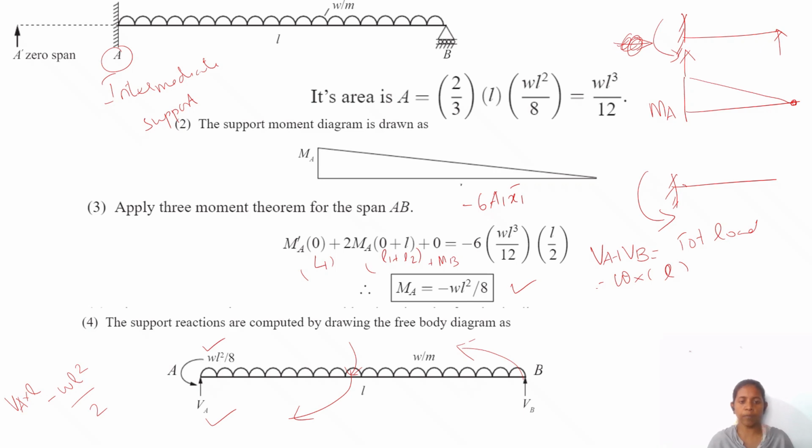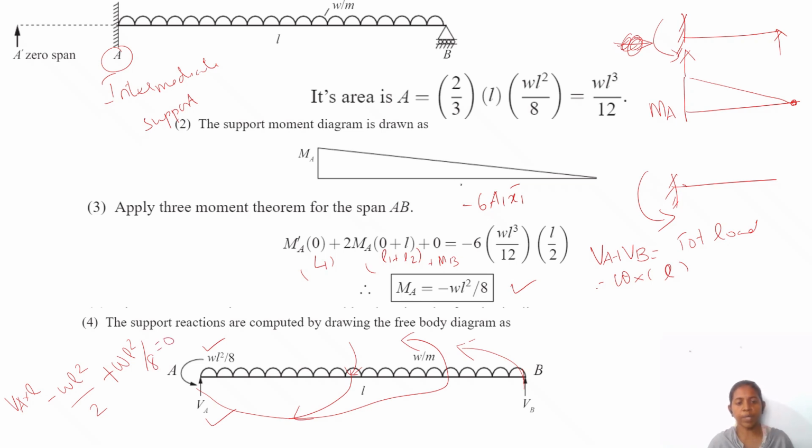There is no need to multiply the distance with the moment, because only a force is to be multiplied with the distance to get the moment. Here it is itself a moment value. So directly consider the sign convention. The sign convention, if you rotate along this direction, is similar to VB. So it is a positive quantity, WL square by 8, equal to 0.